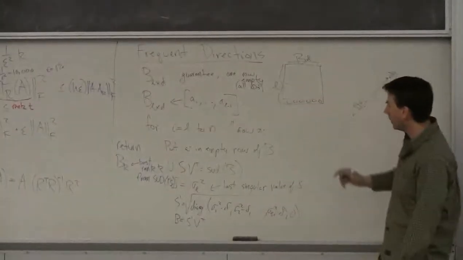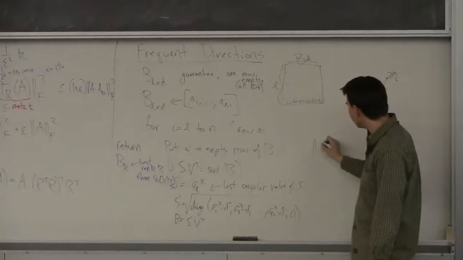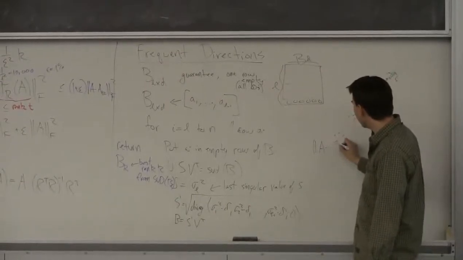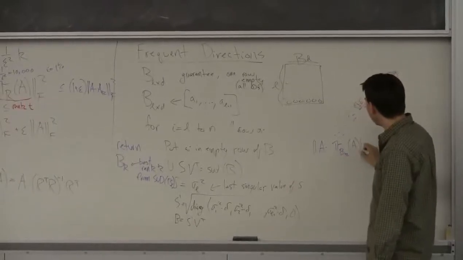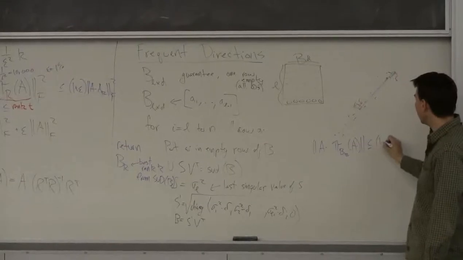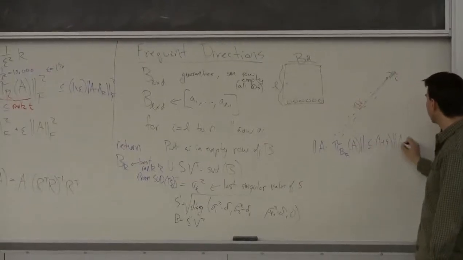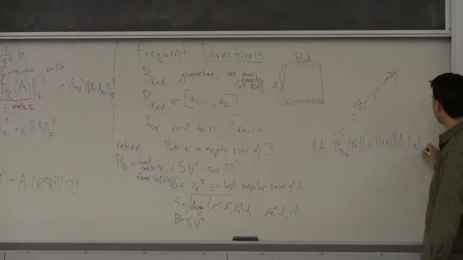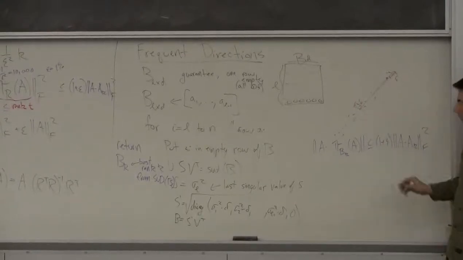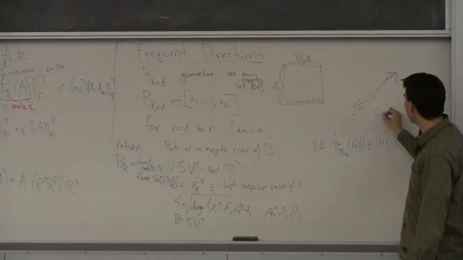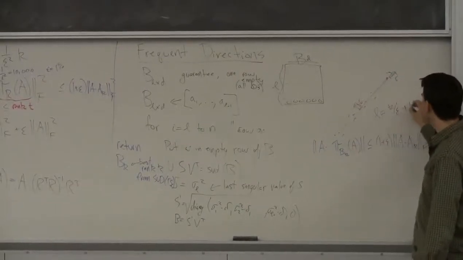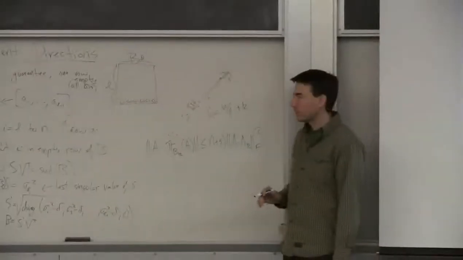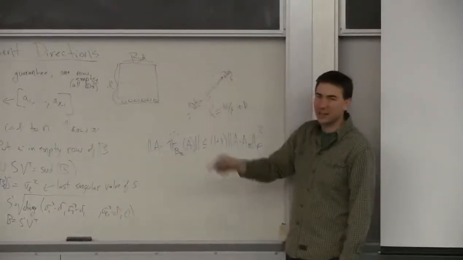Okay, so let's write down these results. I can say A minus the projection onto BK of A is going to be less than 1 plus epsilon times A minus A sub K. So for this bound, I set L equal to K over epsilon plus K. The earlier one was some asymptotic thing, and there were some big constants.